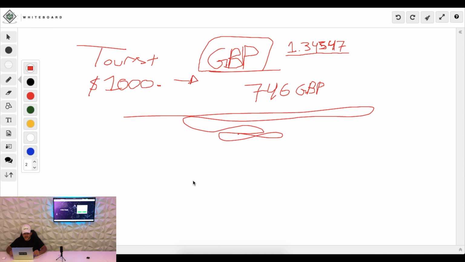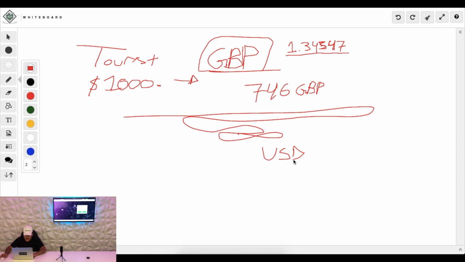Once he arrives, he'll need once more to go to a broker or a financial institution to make the reversal exchange, to re-exchange the money back to USD.